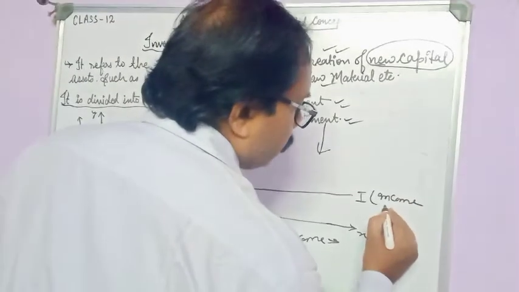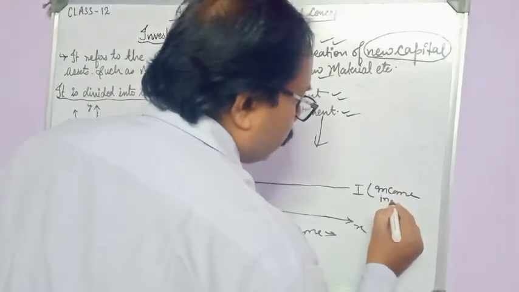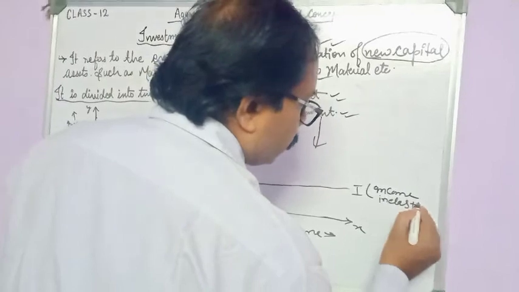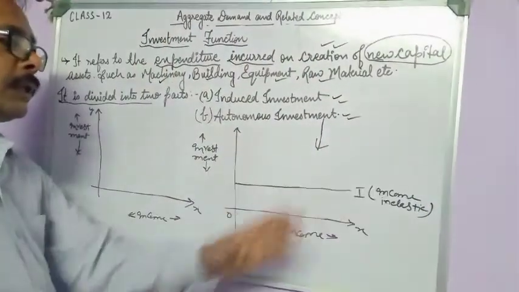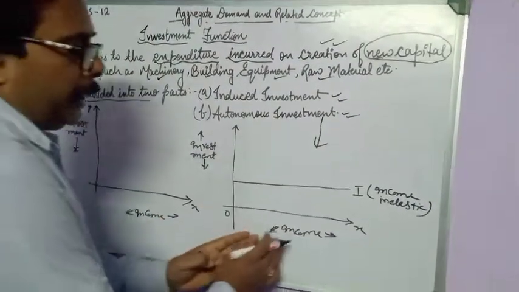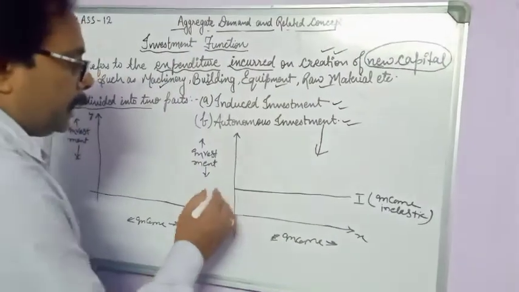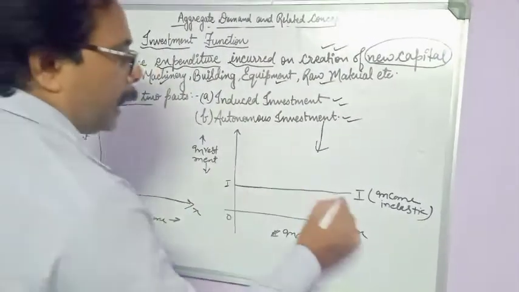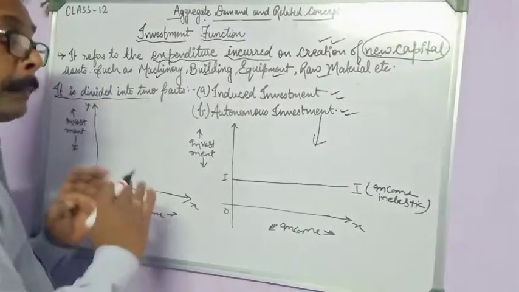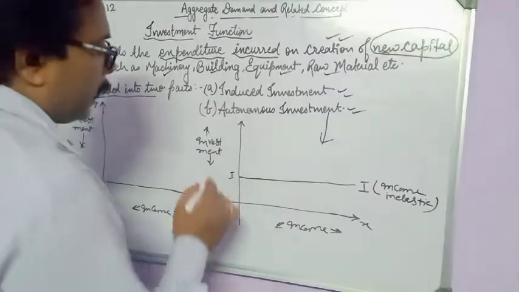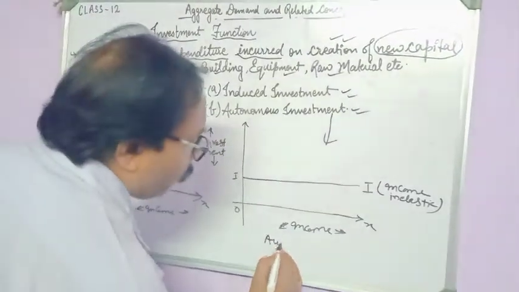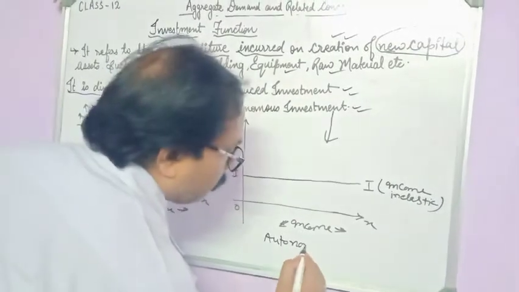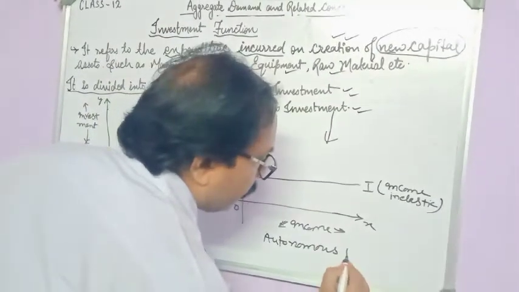Income inelastic means what? Even though the income increases or decreases, it will remain constant, and the II line is parallel to the x-axis, and it is known as autonomous investment.